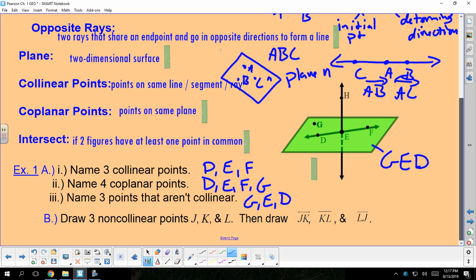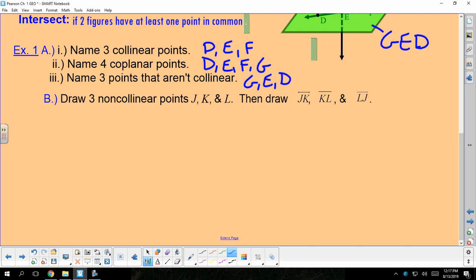All right, next. Draw 3 non-collinear points, J, K, and L. I'm going to do J, K, L. First step, check.